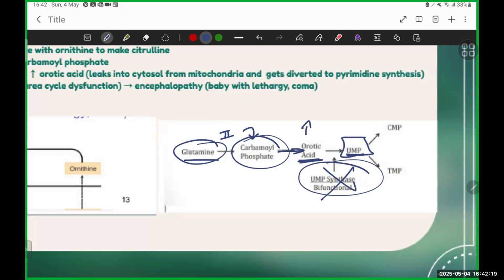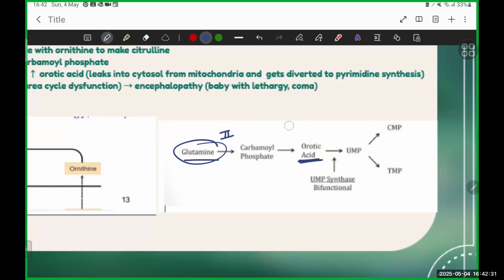More orotic acid, and that's basically it. And then from UMP, you have CMP, and then you have TMP, which is cytosine and thymidine. All right, that's basically it. This is in nucleotides.